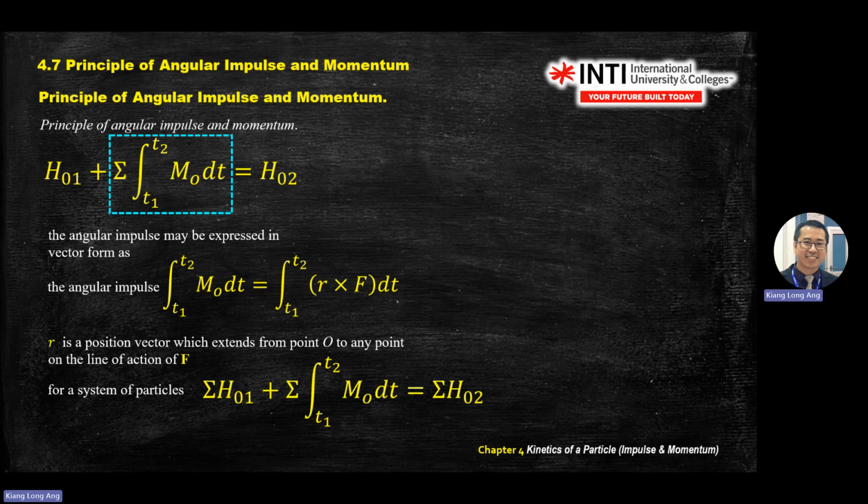Linear impulse is force times time, Ft. Angular impulse is Mt, moment times time. So angular is linked to moment, linear is linked to force. Don't confuse between these two.